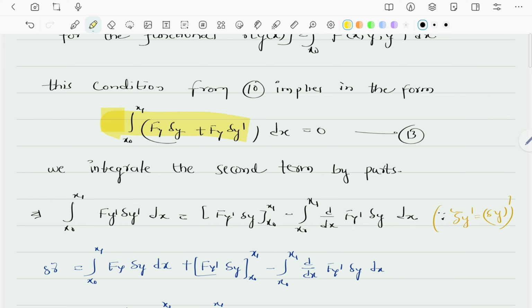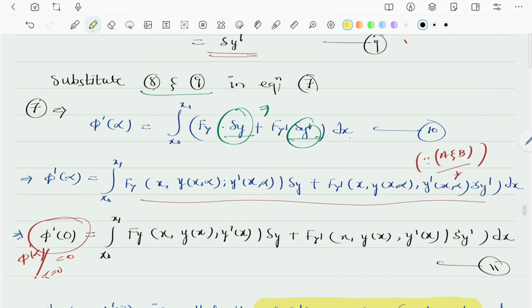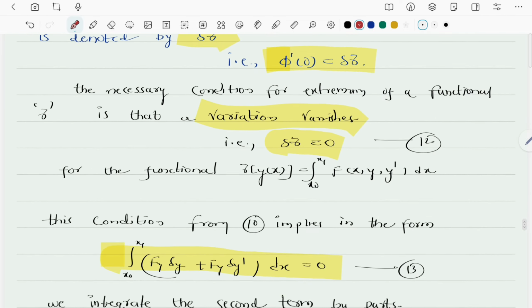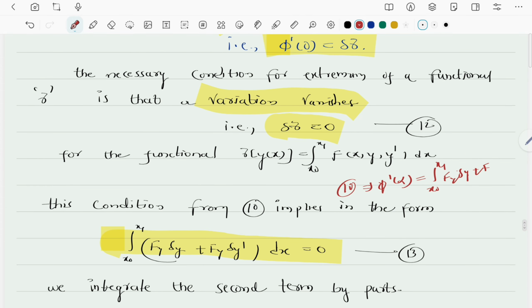What is equation 10? Pi dash of alpha is equal to the integral from x0 to x1 of fy into delta y plus fy dash into delta y dash, into dx.